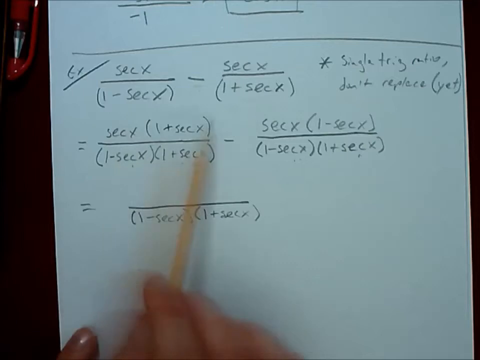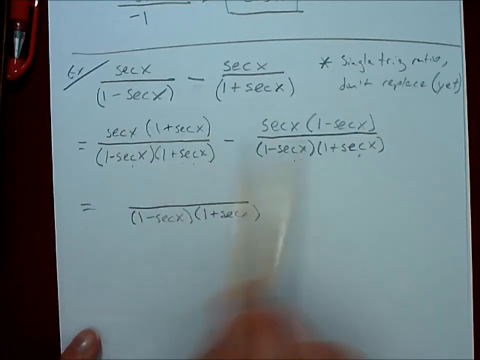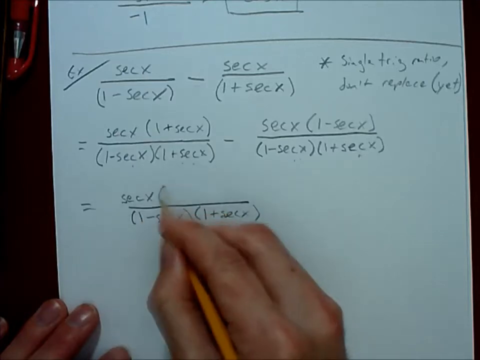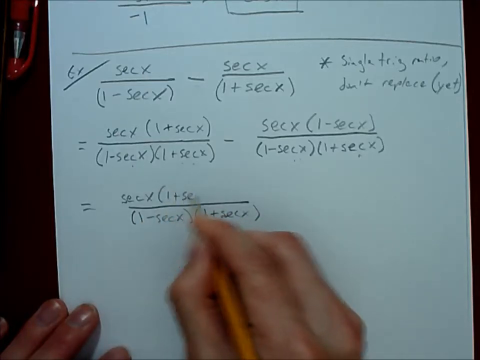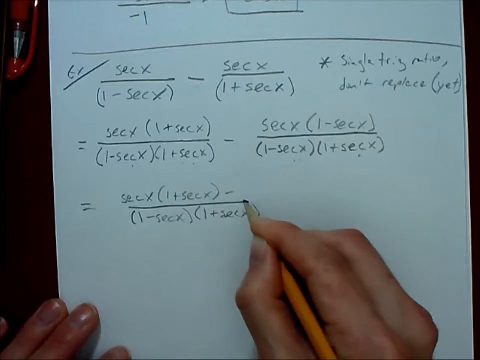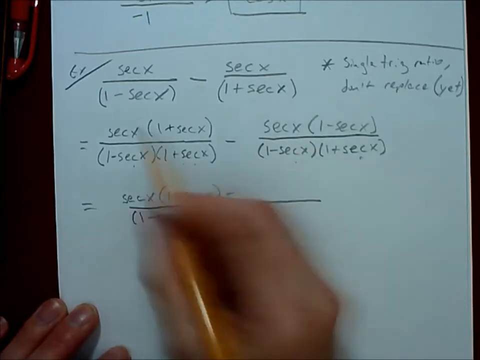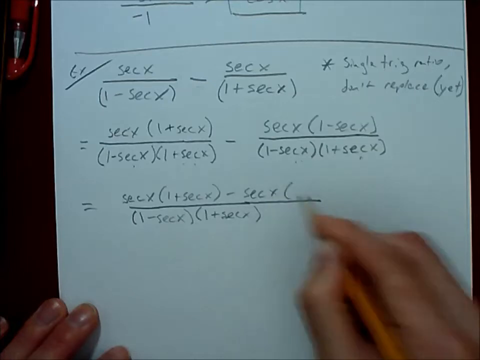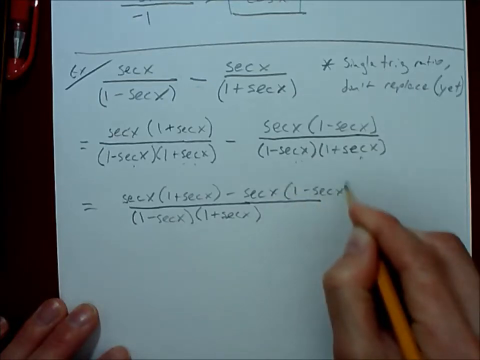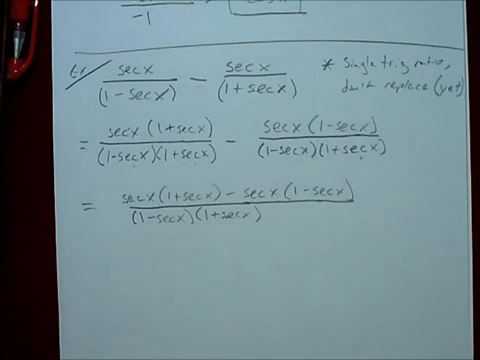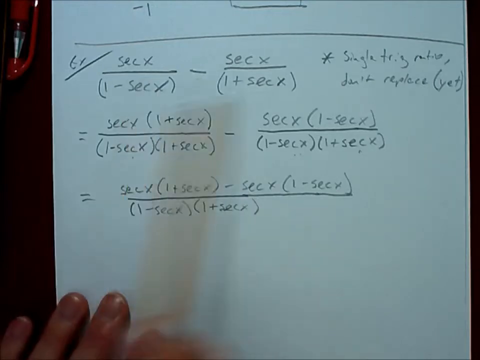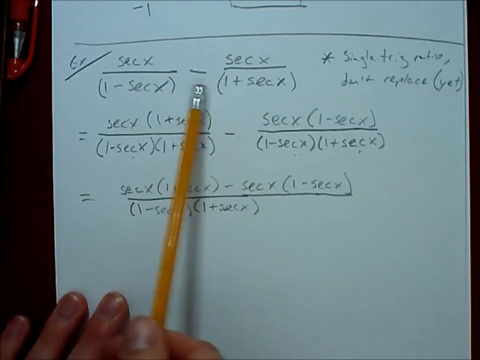And on the top, we just subtract the top minus the top. And I'm going to go ahead and write it out like it is first, and then we'll go through and see what happens. We're distributing, never mind. I said I wasn't going to do that yet. Okay, we'll just write it down like it is. We get here. Okay, expression. We did what you told us to do.